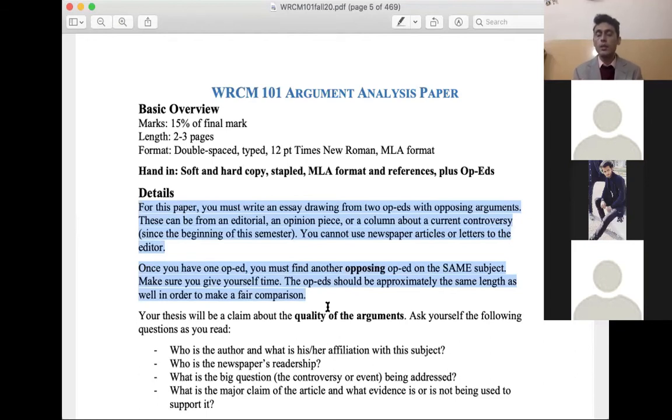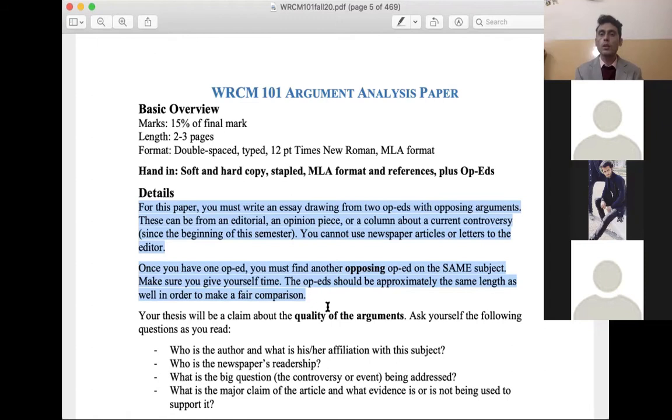This is the first step. The second step for you would be that you will find a second editorial on the same topic, but with an opposing claim. So for example, the article we discussed in the previous class had this claim: climate change is a myth.